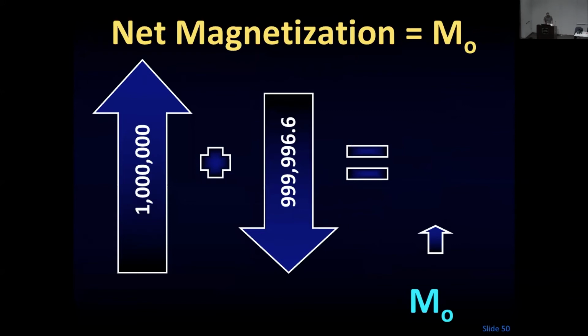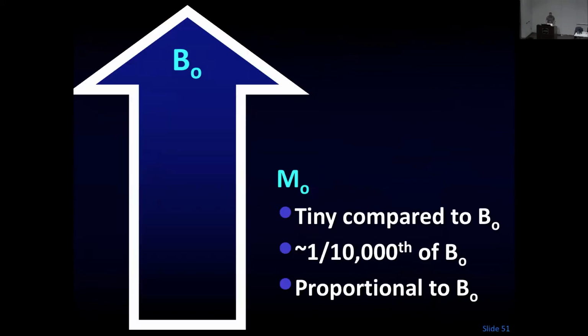Okay, now the other thing that we should mention is that this net alignment is the same thing as M naught. And M naught is the magnetic field that is induced in the body because of the fact that slightly more protons are lining up with than against the magnetic field.